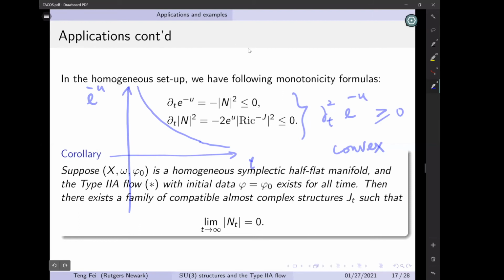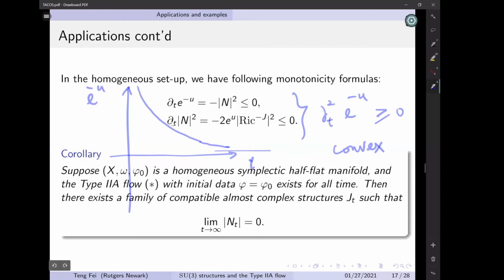And what you know is that if this flow exists for all time, then as t goes to infinity, this function has some lower bound there. So at infinite time, when time goes larger and larger, the tangent of your curve must be getting closer and closer to horizontal.